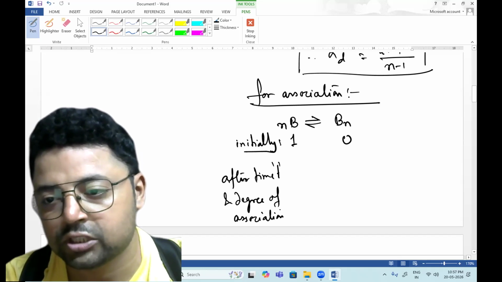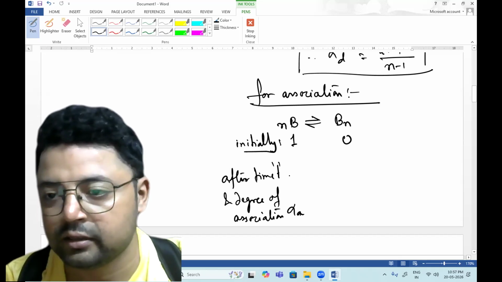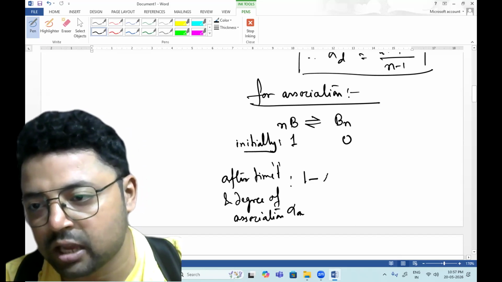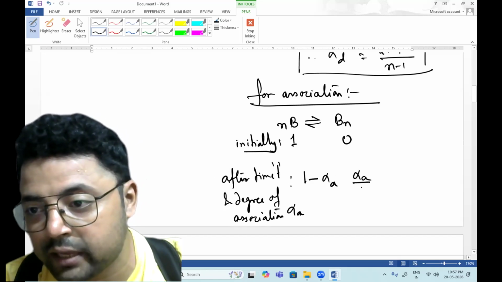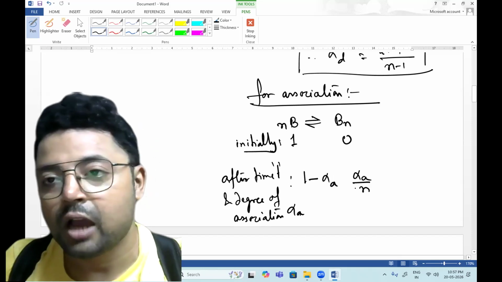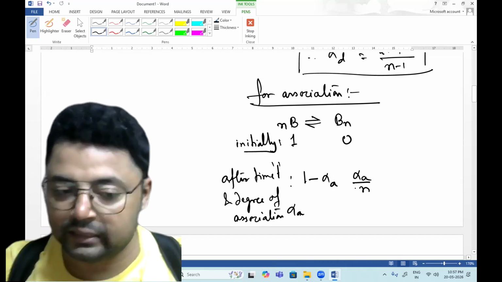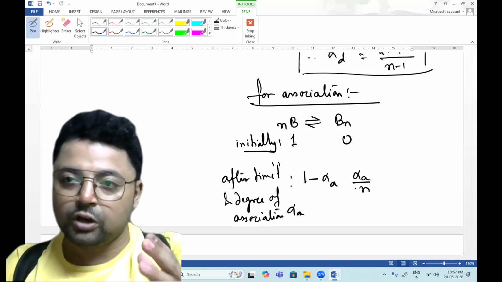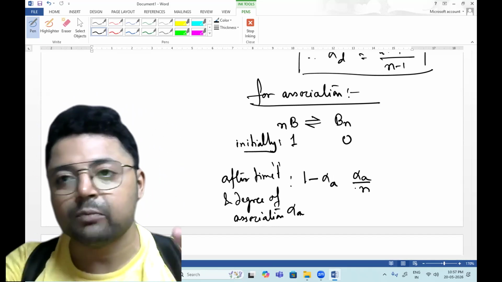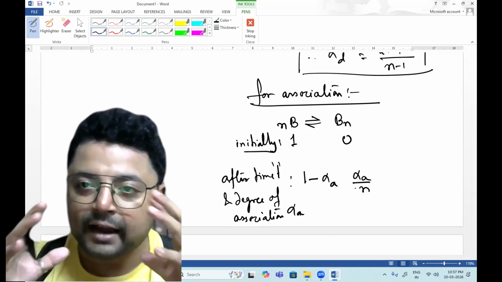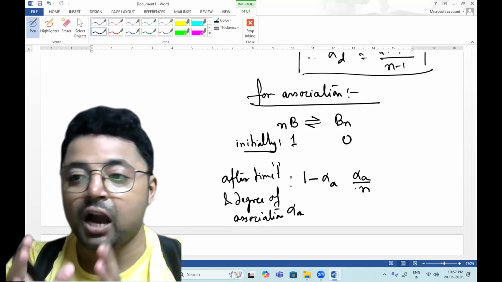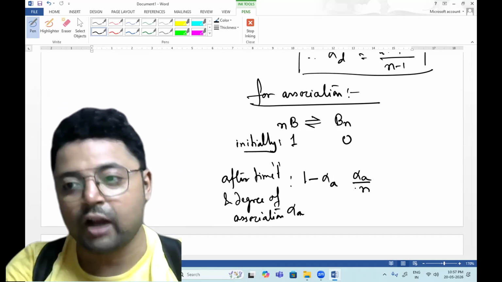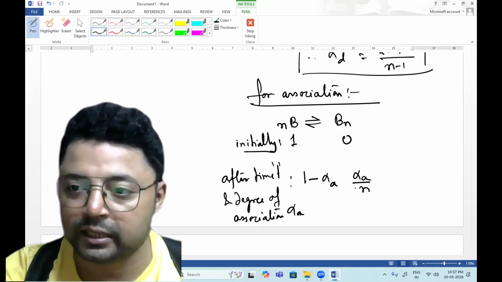Degree of association alpha A, we have 1 minus alpha A, but in this case it will be alpha A by N. Understood? Because N moles or N entities are being converted to 1. So it will be alpha by N. So 1 minus alpha plus alpha by N.